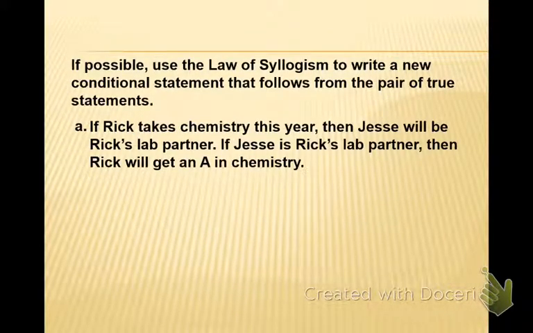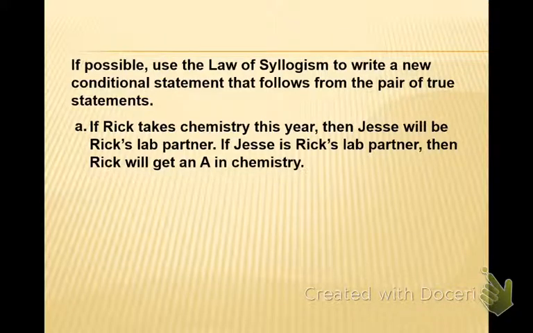So, if we were to use the law of syllogism, if possible, use the law of syllogism to write a new conditional statement that follows from the pair of true statements.